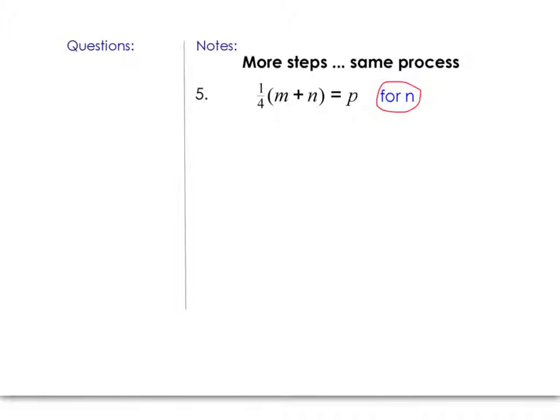So what I can do is I can multiply both sides by the reciprocal of that fraction. Those 4's cancel, those 1's cancel. Then all I'm left with is m plus n equals p times 4/1, or really just 4 times p.